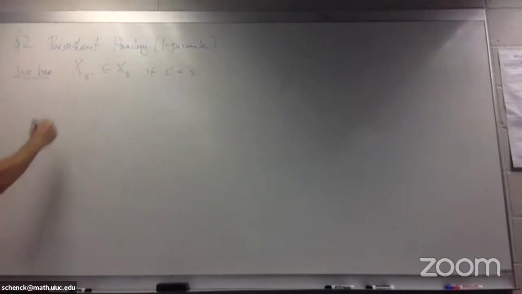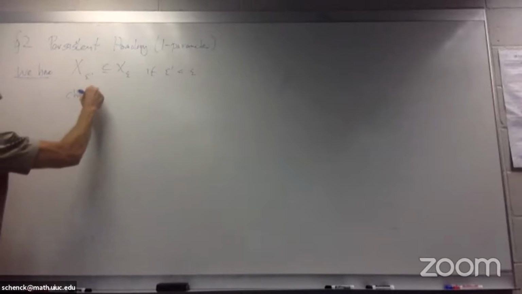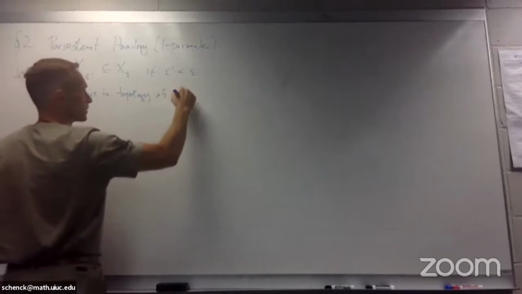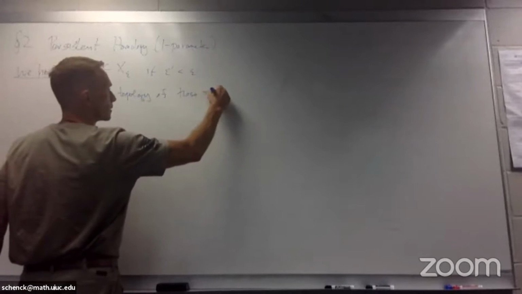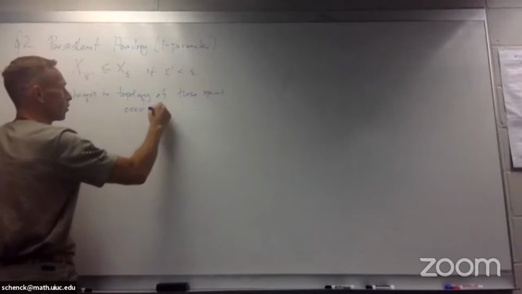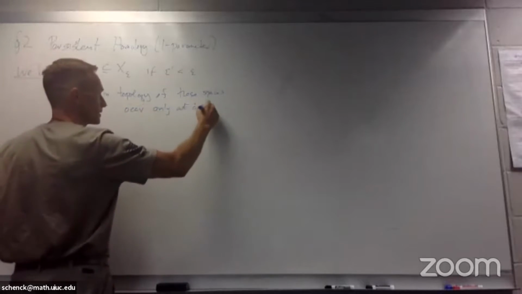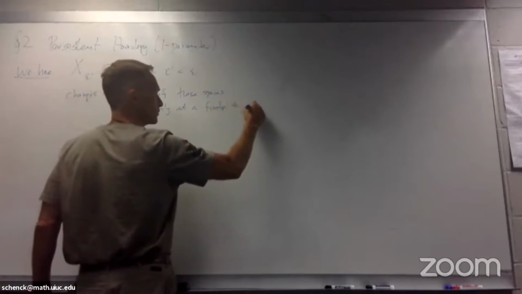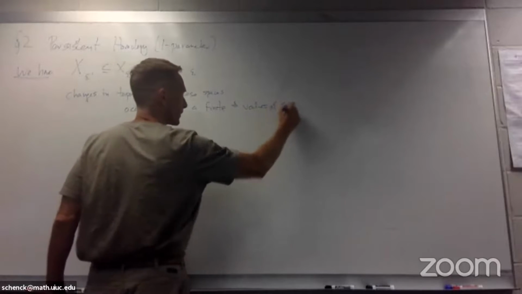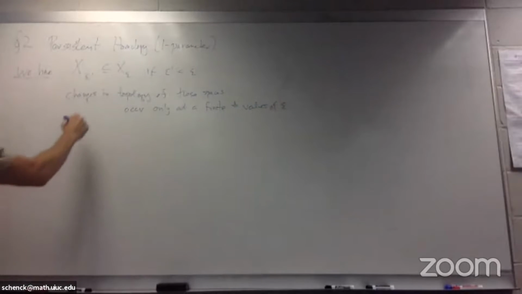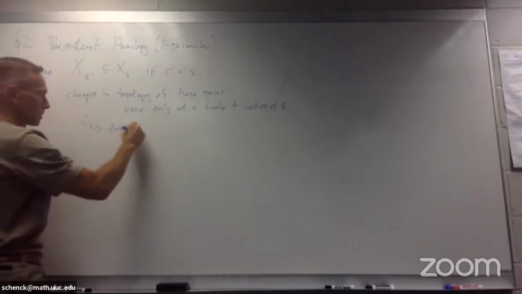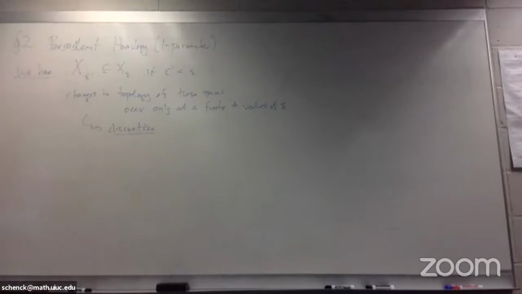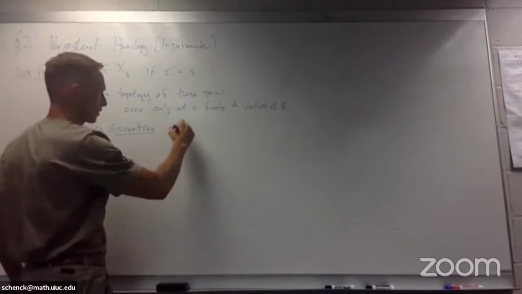And we know that changes in topology of these spaces occur only at a finite number of values of epsilon. So essentially what we're going to do is discretize this. So what's going to happen is at certain values, so I'm going to think of this epsilon.